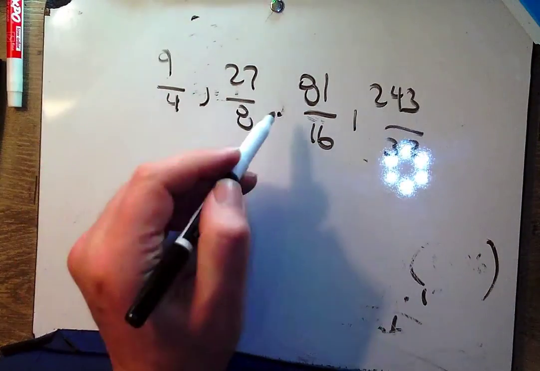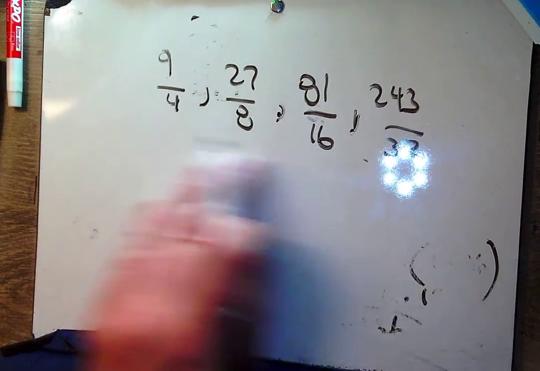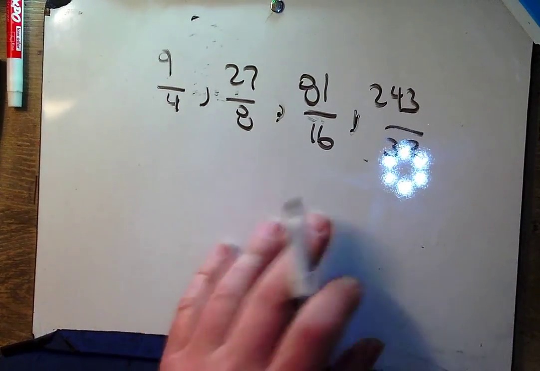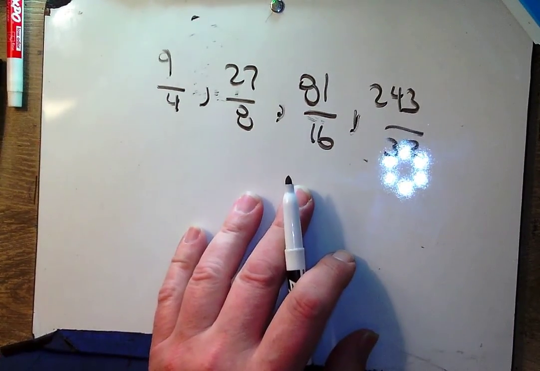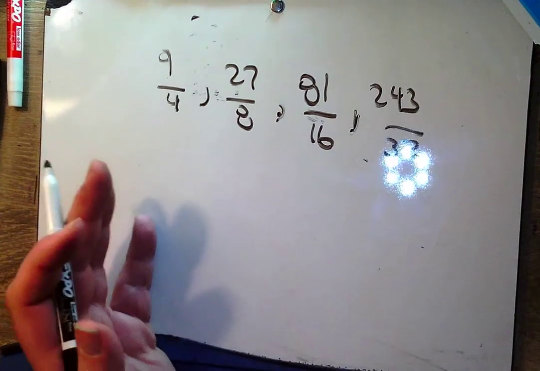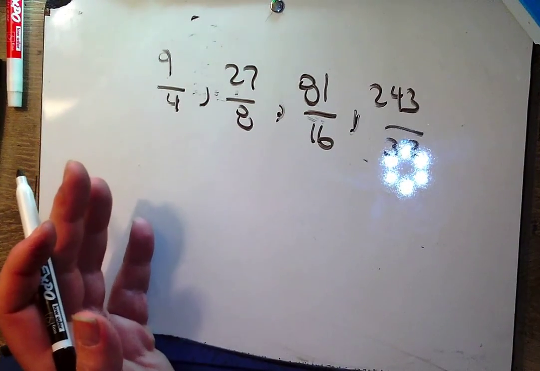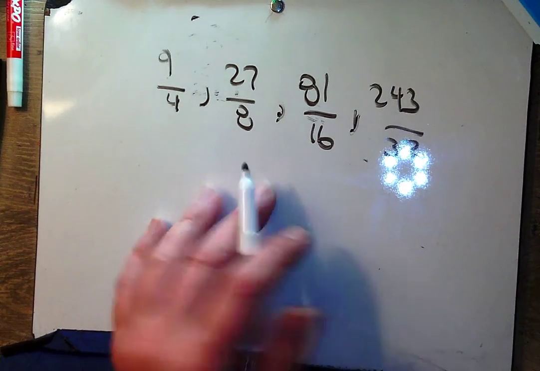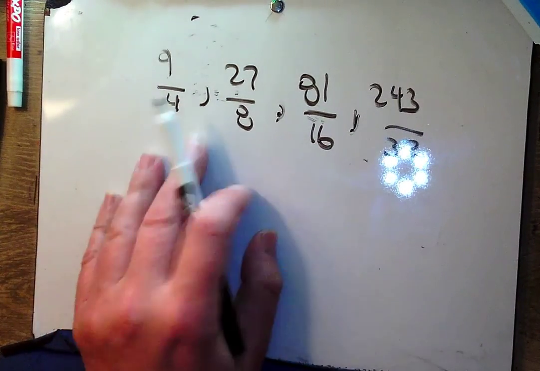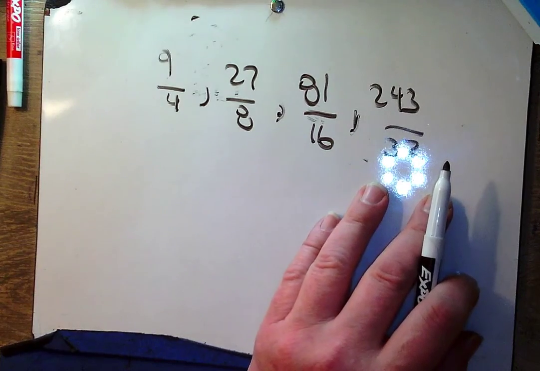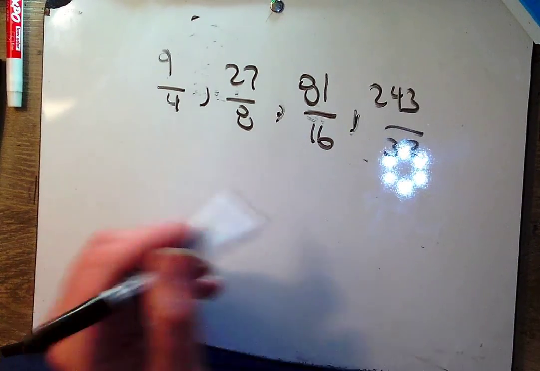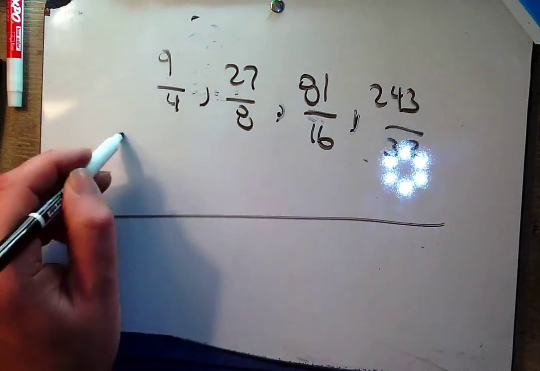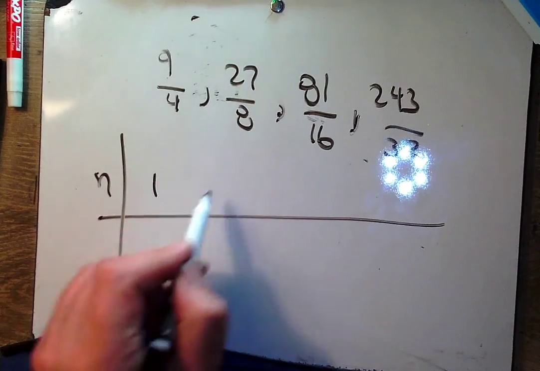All right, so one of the things that I mentioned in the earlier videos here was that sometimes you need to be able to recognize some patterns, and that's what I see here. The other thing that I mentioned was the importance of maybe putting in some n values.